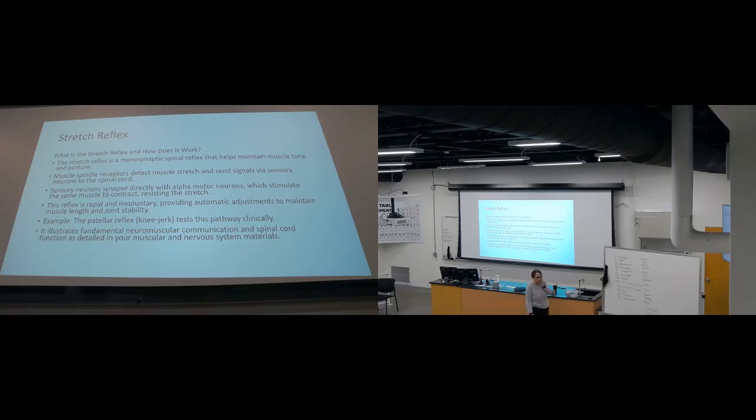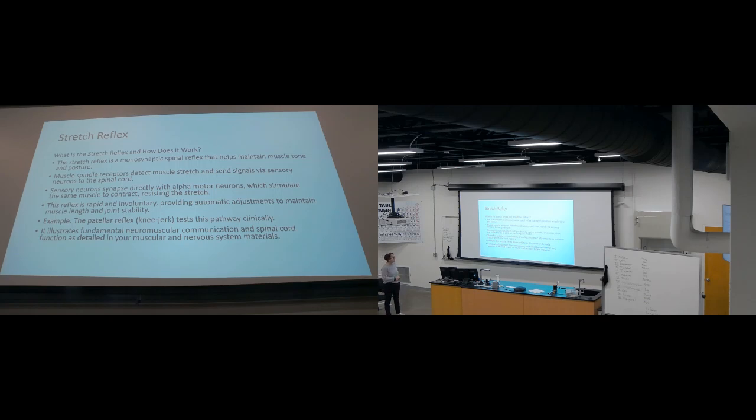We have receptors within our muscles called muscle spindle receptors that detect how much your muscle has stretched, and then they send this signal into the spinal cord with these sensory neurons, which of course enter in the posterior horns, and then you connect this neuron with an alpha motor neuron, which stimulates this same muscle to contract, and that will resist the stretching.